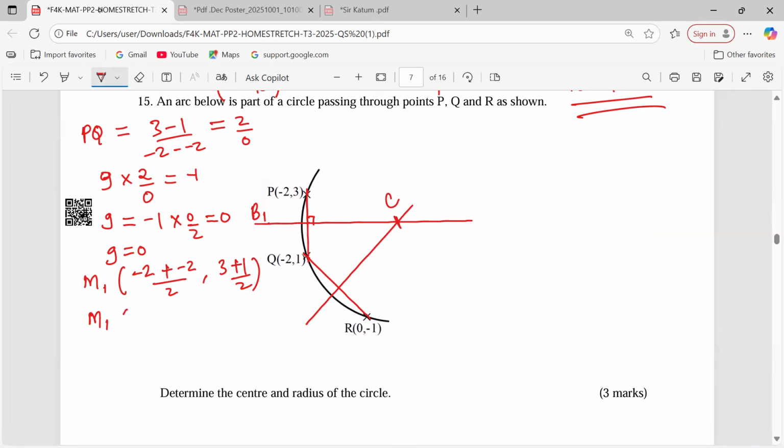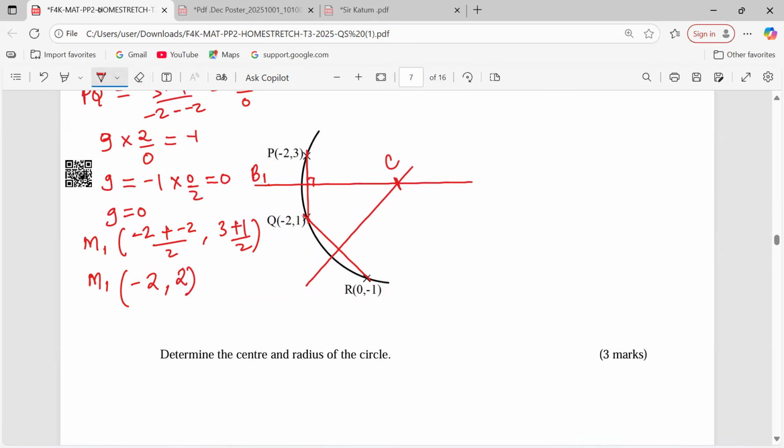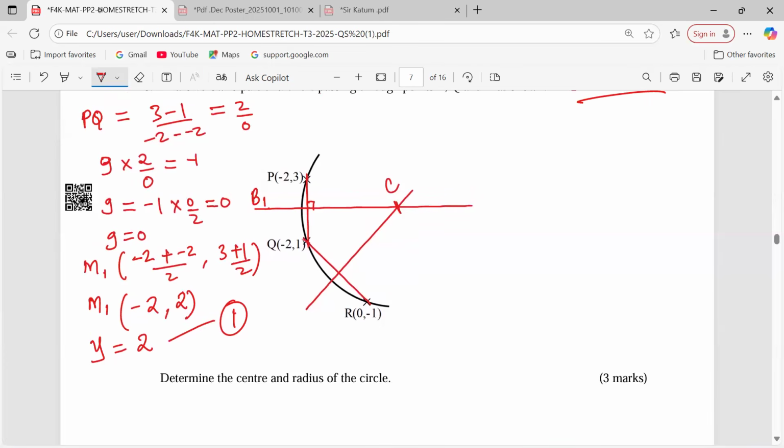So this shall be -2 plus -2, get -4 over 2, negative 2. Then 4 over 2, we get 2. So this line has a gradient of 0, and it passes through negative 2, 2, meaning that the equation is in the form y equals 2. It doesn't have a gradient. y equals 2, that is the line. So along B1, y is 2.